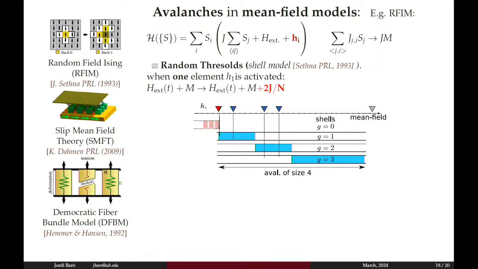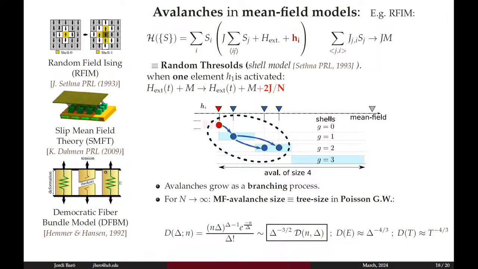When we have a flip, when we get one of these H values, we will increase the field by 2J over N, right? Then if some other field falls within this increase, then this will increase again, etc. If we want to study this with integral differential equations, it will be complicated, but we have another tool here, which is to study this as a branching process, right?